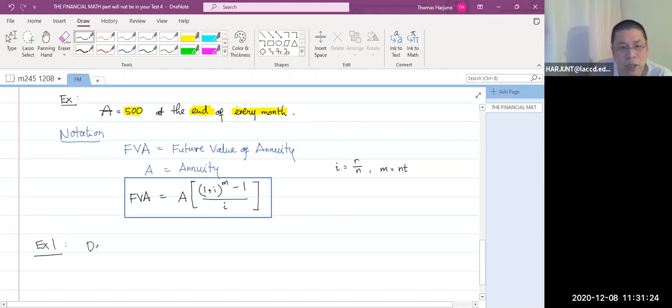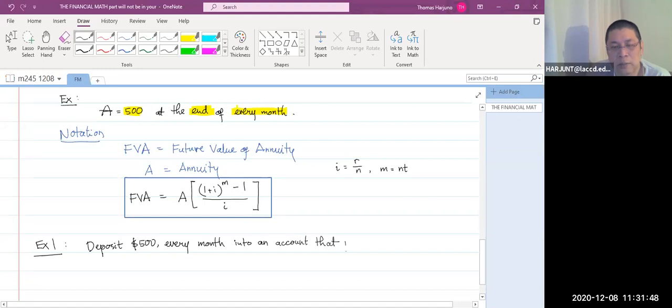Deposit $500 every month into an account that pays 3% annual rate, compounded monthly, for 15 years.